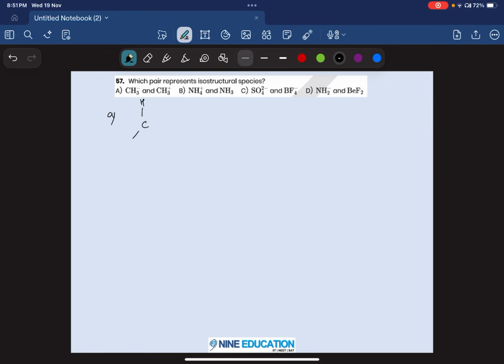Carbocation, the structure is planar, whereas carbanion, what is the structure of carbanion? Carbanion, the structure is pyramidal.